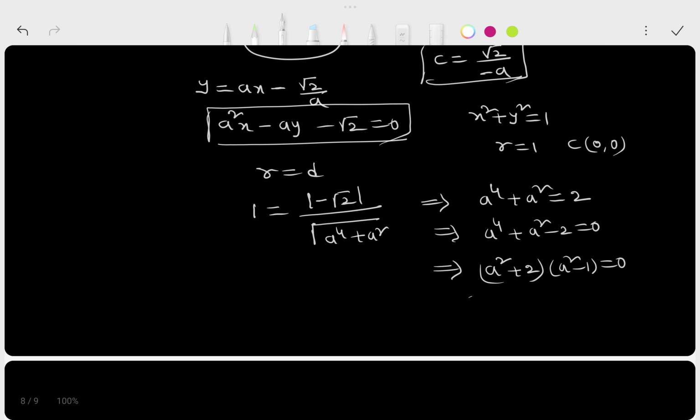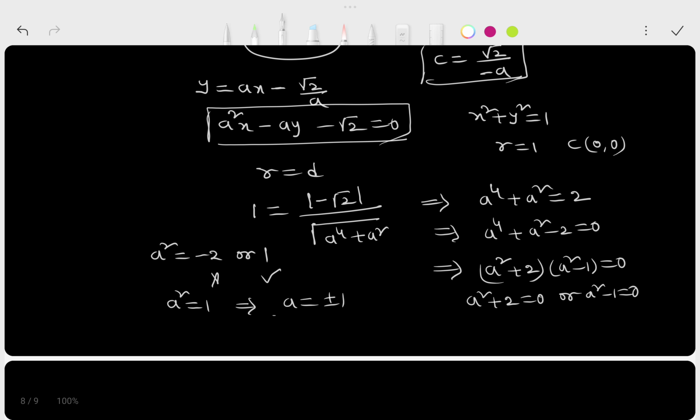So here a square plus 2 is equal to 0 or a square minus 1 is equal to 0. Therefore, a square is equal to minus 2 or 1. But a square value should not be negative. So minus 2 is rejected, and plus 1. Therefore, a square is equal to 1 means a is equal to plus or minus 1.